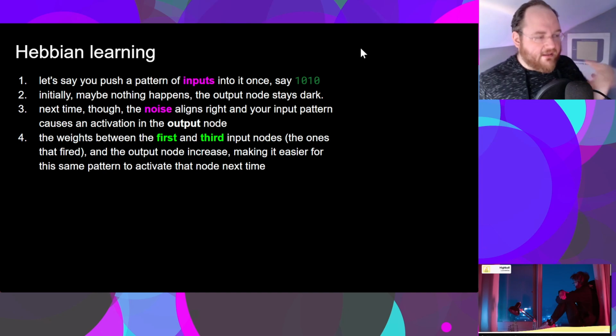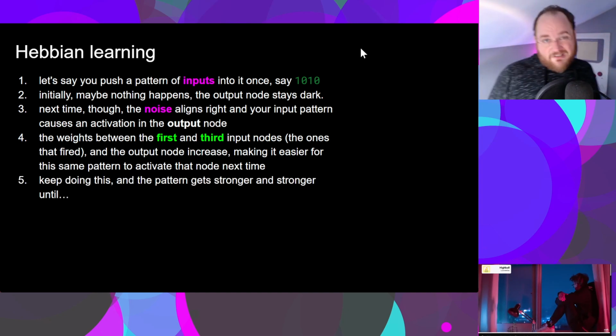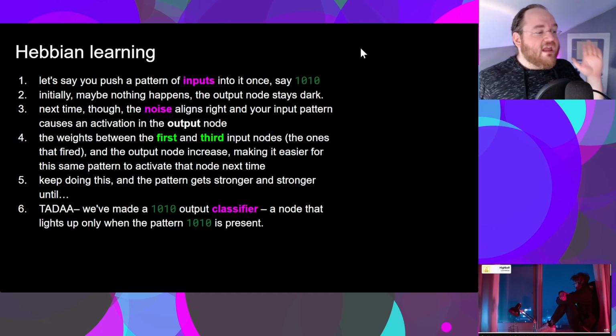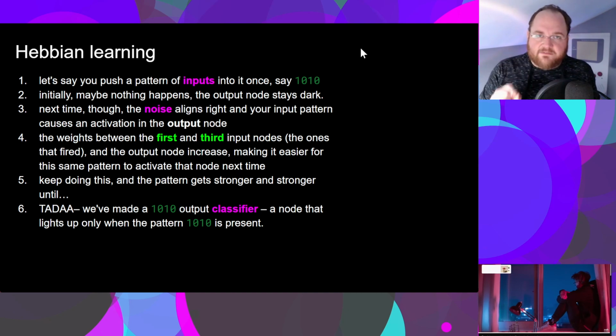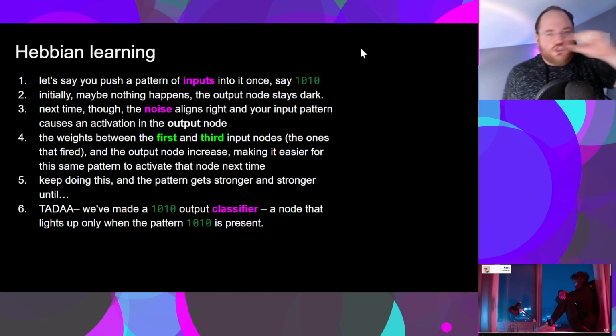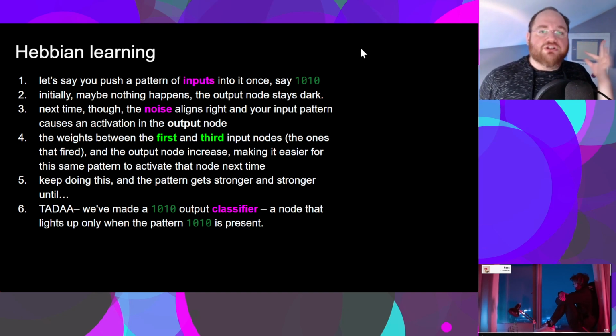And it increases the weight. So you keep doing this. Now it's even easier to get this pattern to fire the node. And ultimately we get to a point where, aha, we have created a classifier for 1010. This is a stupid simple pattern, but we've made it so that this output node has picked up on the fact that this is a distinct pattern that it should light up for.